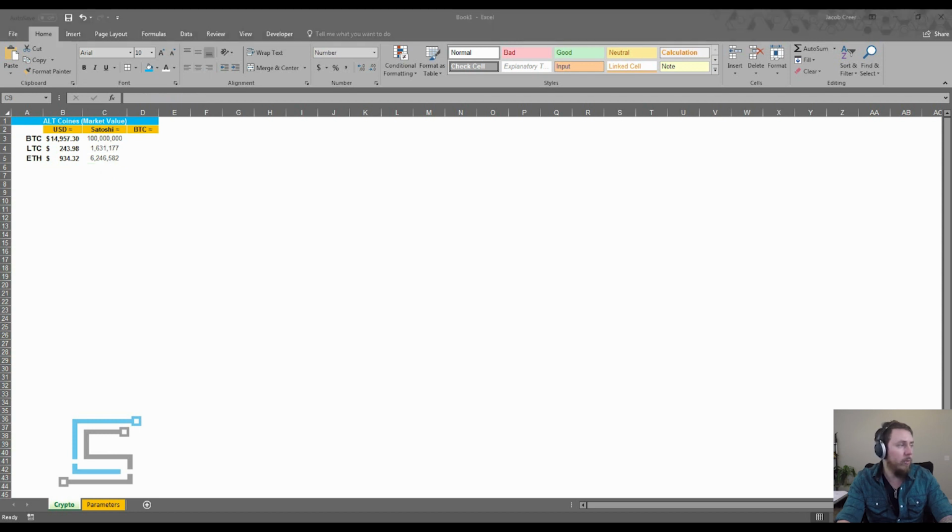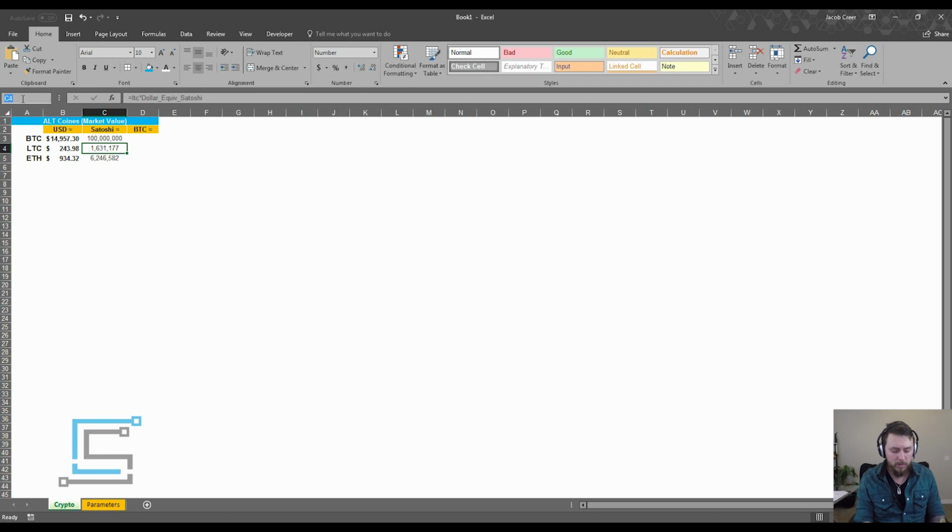Lastly, for further analysis, let's give these some named ranges too. We're going to call this Bitcoin Satoshi, this Litecoin Satoshi, and this Ethereum Satoshi.